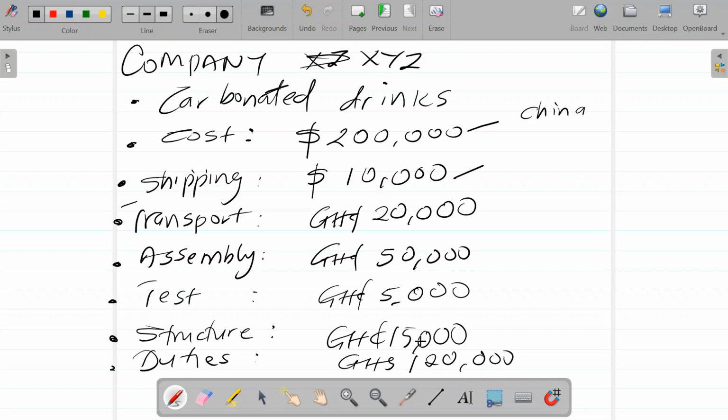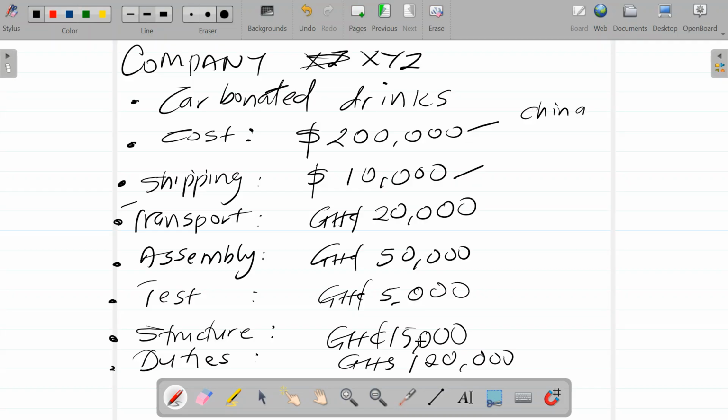So let's say these are the costs incurred in bringing the machine to the site, to the factory. So now, how do we determine the cost of the machine?